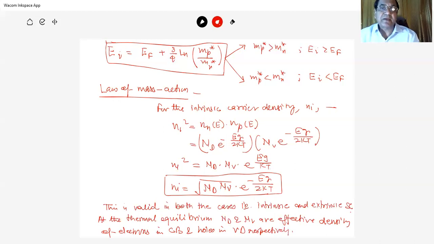So these are two basic, important things that we have to discuss about the shifting of Fermi levels.